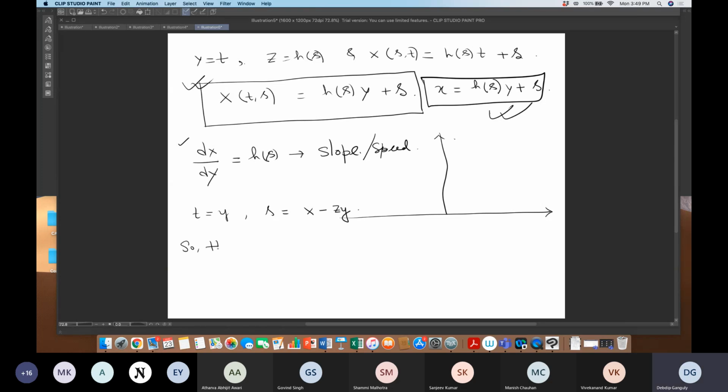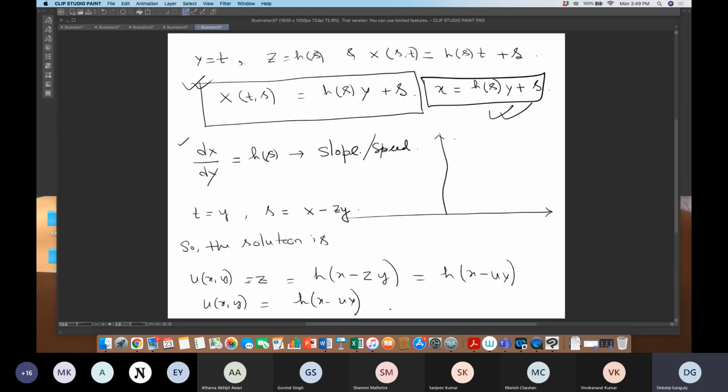So the solution is u of (x, y) equal to z, that is h of x minus z y, that is h of x minus u y. So u of (x, y), the solution, is h of x minus u y. Now this is a solution, you solved it, right? Yes or no?